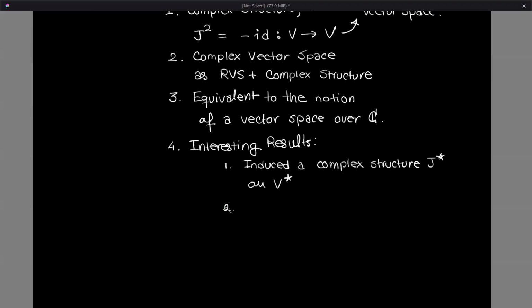And number two, we showed this really interesting result that the eigenvalues of J are plus or minus i, and they come in pairs.